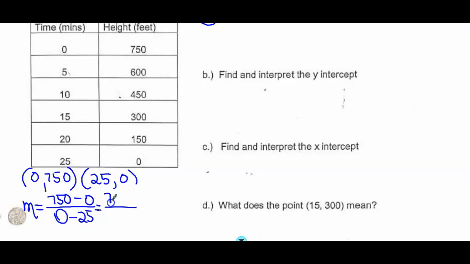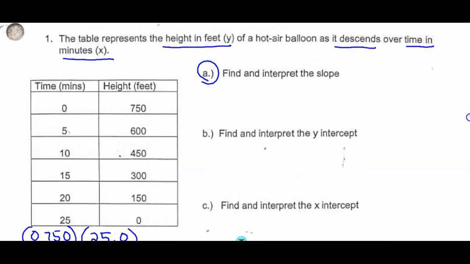That gives me 750 over negative 25. And then you want to simplify that. When you simplify it, you get negative 30 over 1. So, I'm going to come up here where it says find the slope. I'm going to put negative 30 over 1.